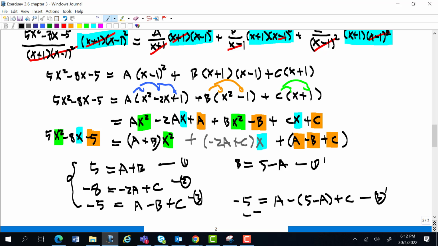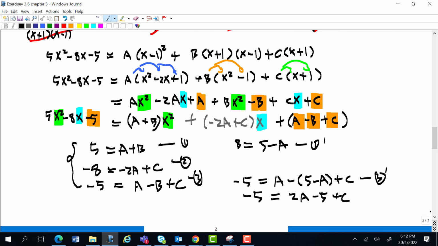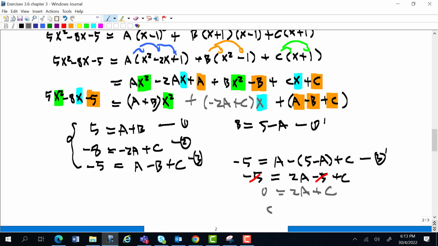So you get minus 5 equal to 2a minus 5 plus c. So minus 5 and minus 5 cancel, then 0 equal to 2a plus c. So c is actually equal to minus 2a now.